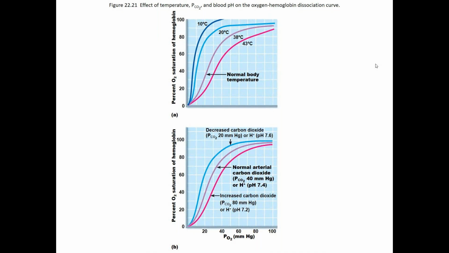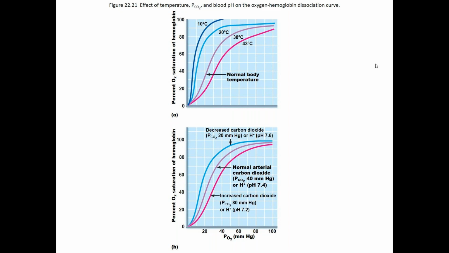It's an area of the body that's burning through a lot of ATP, right? In doing so, it's using up a lot of oxygen and producing a lot of carbon dioxide.